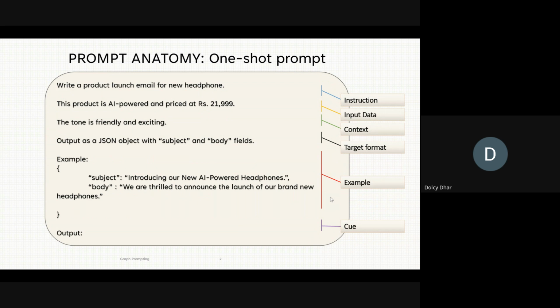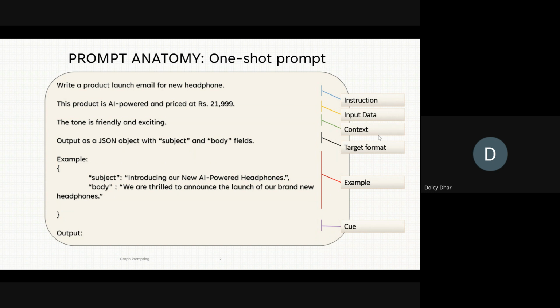On the right side, we have all the components of a prompt. You see the instruction: you will specify what the LLM has to do. You will give the input data that the LLM will use to carry out the instruction. You will set a context. Here context means an environment or a setting.